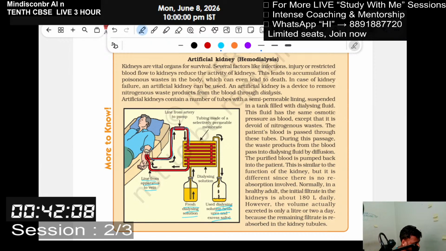So what will the vein do? The vein transfers this blood from this artificial kidney to the body of the person who is doing dialysis.